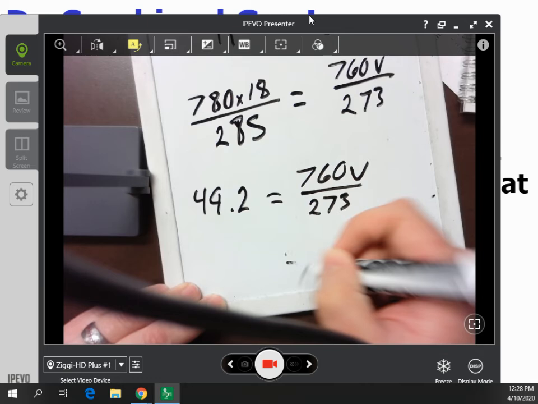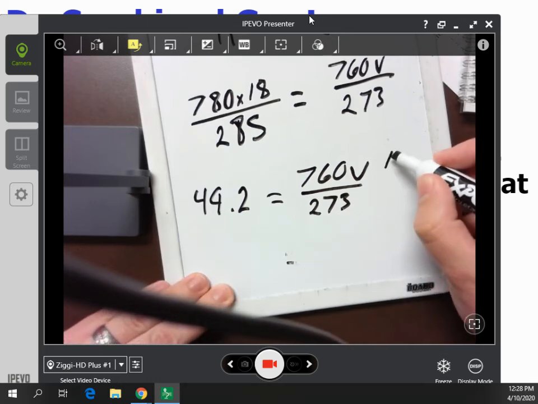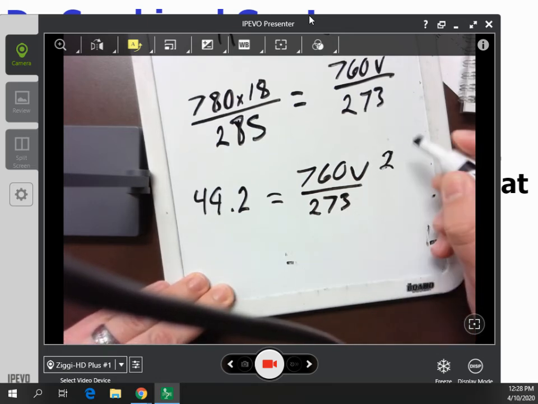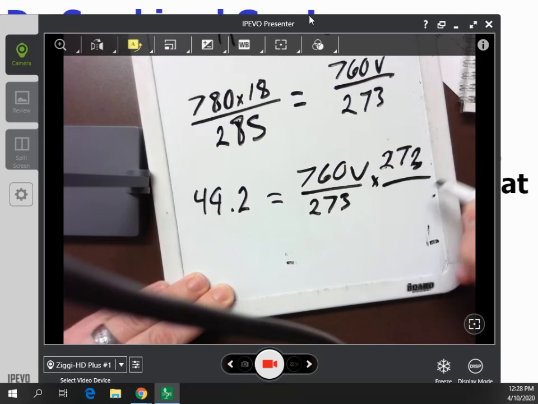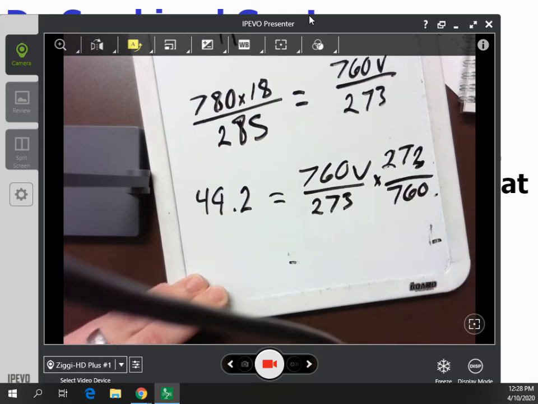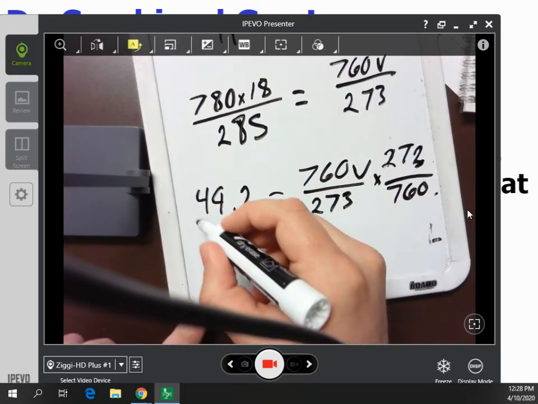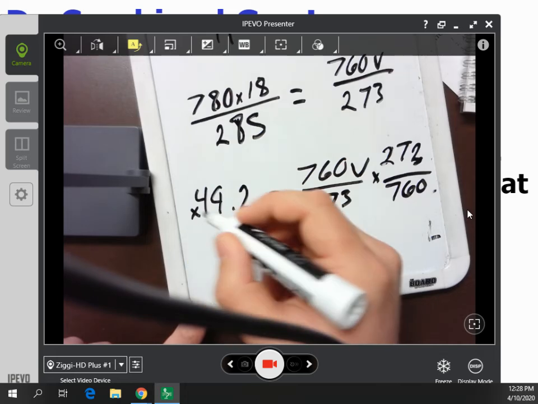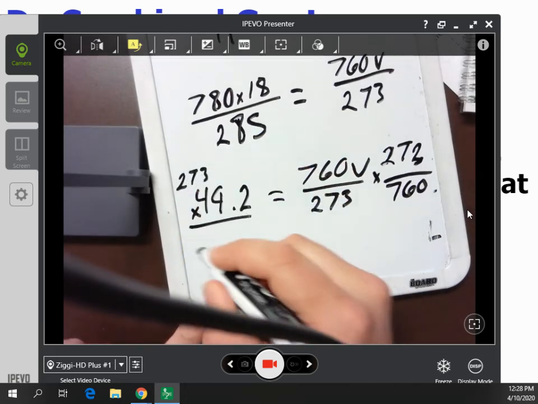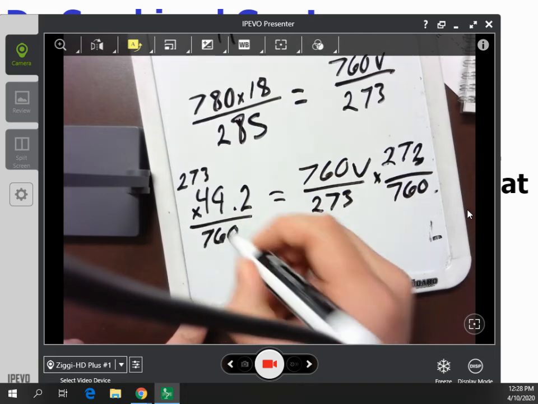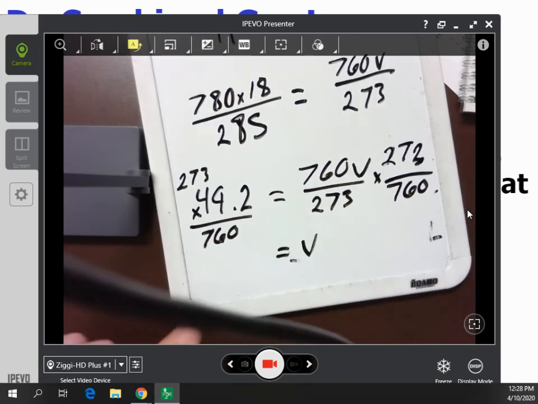over 273. So again, we just multiply by the inverse. You'll multiply this number by 273 divided by 760, and that's going to equal our volume.